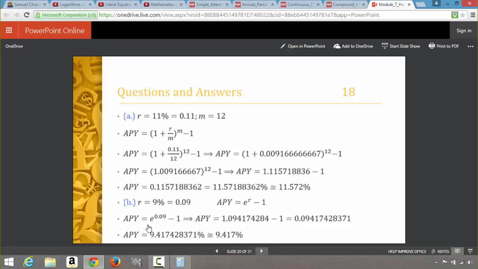Okay, and you have your answer. APY for 11% compounded monthly is 11.572%. APY for 9% compounded continuously is 9.417%.